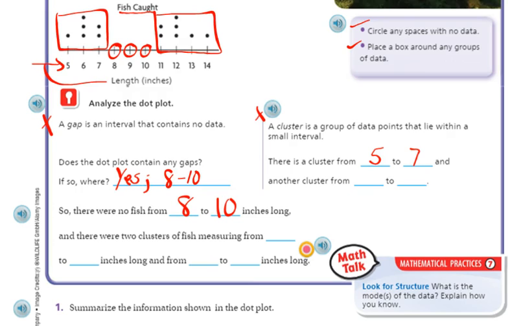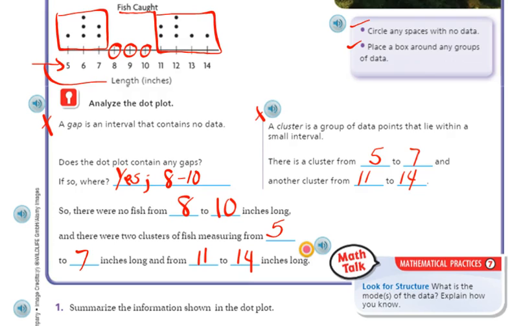And another cluster from 11 to 14. All right. So if we're going to summarize it, there were no fish from 8 to 10 inches long, and there were two clusters of fish measuring from 5 to 7 inches and from 11 to 14 inches long.